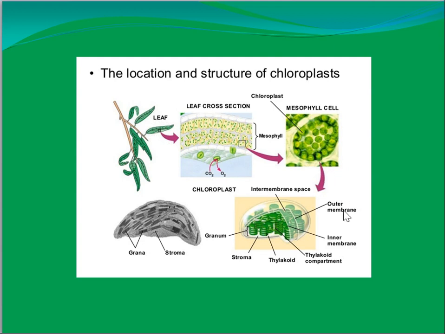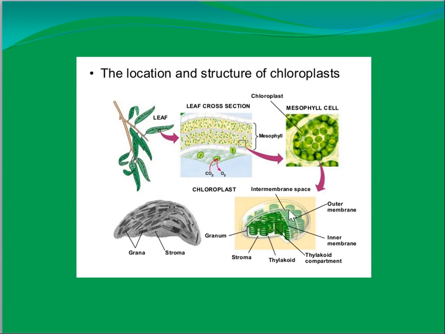Then we can say that chloroplast consists of the two membranes, its outer membrane and the inner membrane. Inside of this organoid of plants, there are thylakoid compartments, and this consists of a lot of thylakoid. Then this is a stroma, and the complex of stroma is a granum.